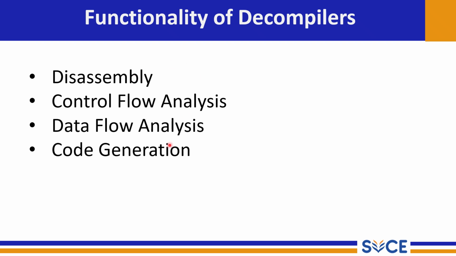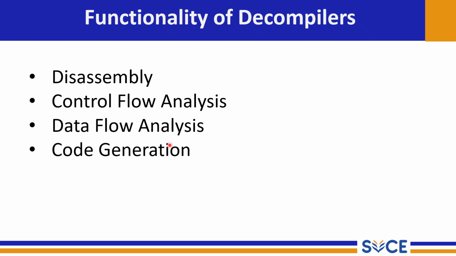So the first one is disassembly. The decompiler first disassembles the binary code into assembly language. Control flow analysis: the decompiler analyzes the assembly code to identify the control flow structures such as loops, conditional statements, and function calls.